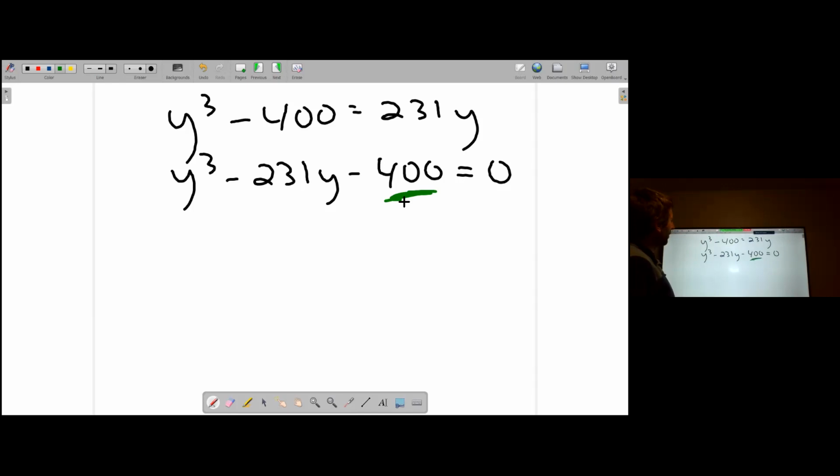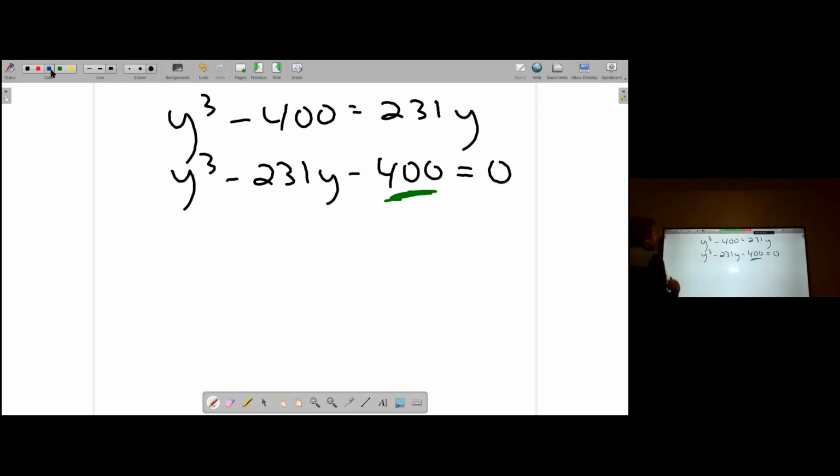And if we're looking for a positive solution, it's going to have to be pretty big, right? 2 is not going to work. It's going to be way too negative. But something really big. So 400 is another possibility. But 400 cubed is gigantic, so that's too big. So it has to be kind of in the middle.